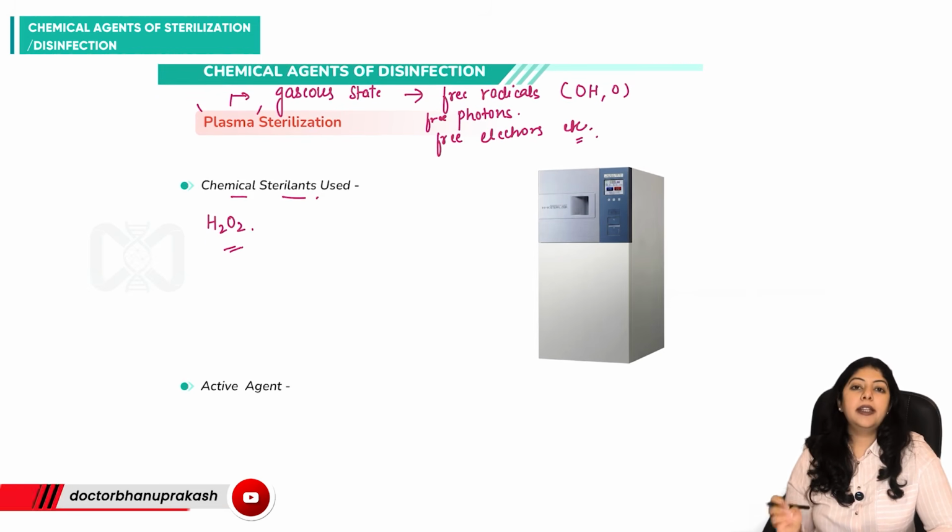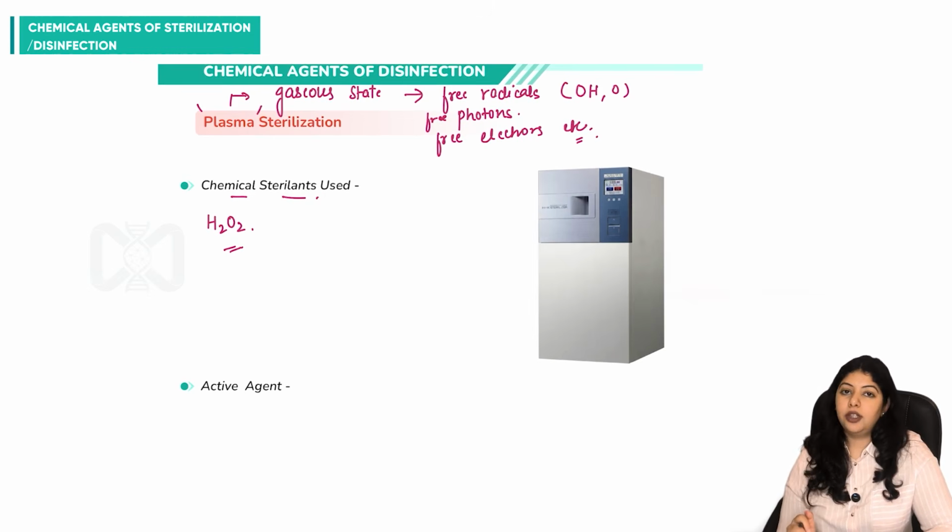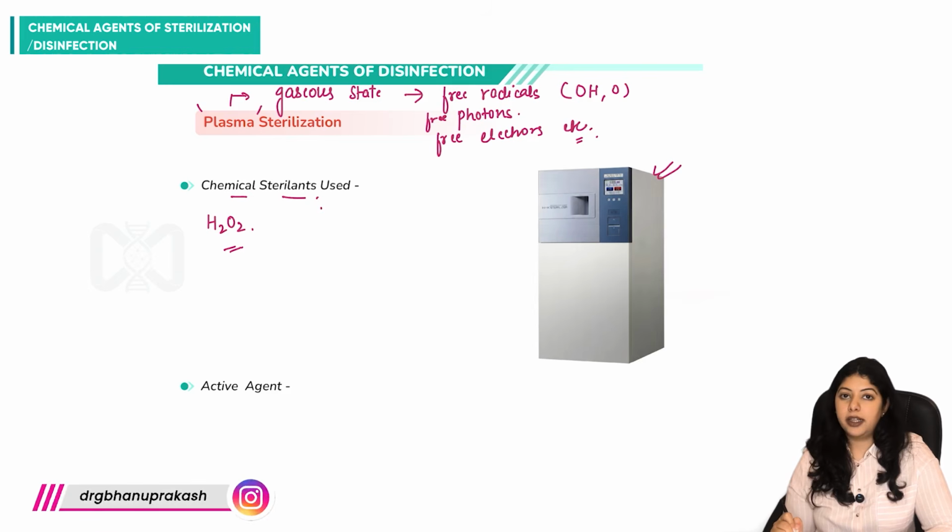And what exactly are we doing in such a procedure? Firstly, in the machine, this is a plasma sterilizer machine, firstly vacuum is created.